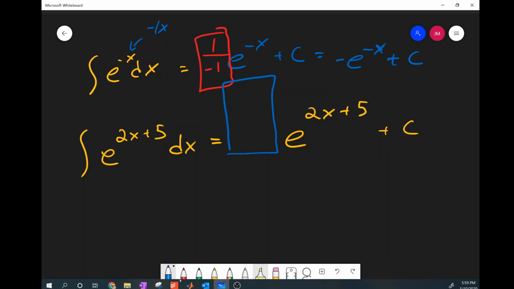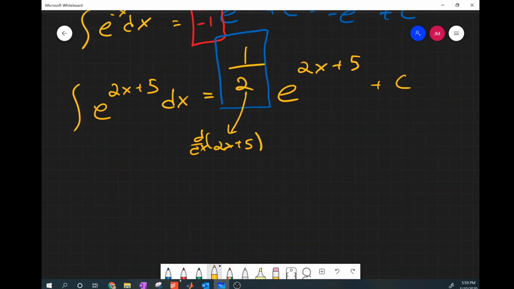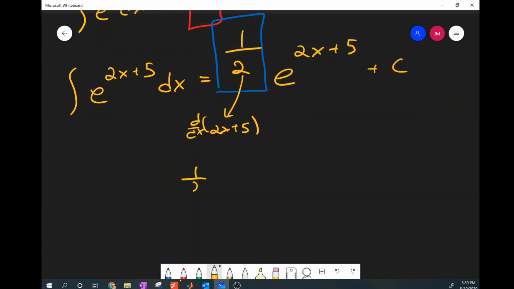We know it's going to be 1 over the derivative of 2x plus 5. And even though there's a lot more going on here with this 5, when we take the derivative, that's just going to cancel out, and we're just left with 2. So the antiderivative of e to the 2x plus 5 is 1/2 e to the 2x plus 5 plus c.